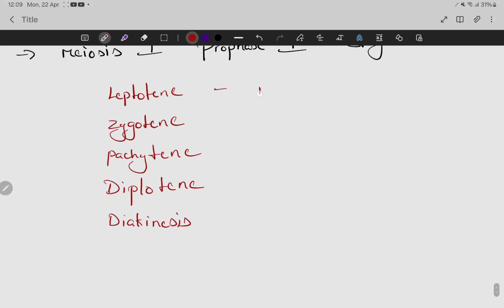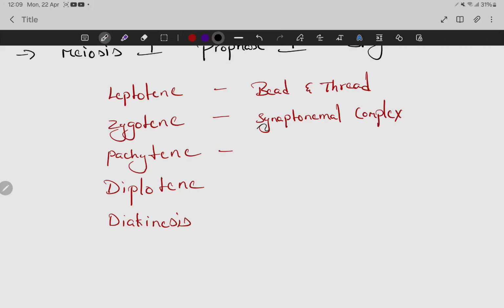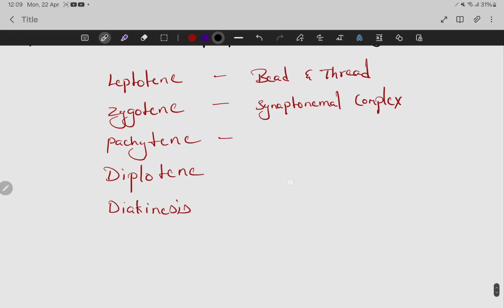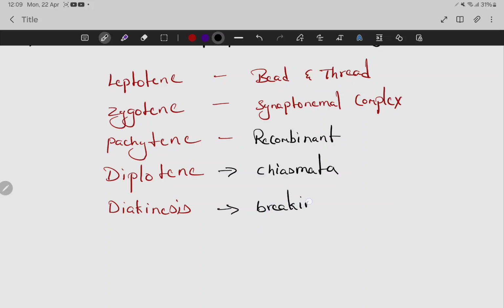Leptotene is bead and thread appearance, condensation. Zygotene, synaptonemal complex. Pachytene, recombination. Diplotene, chiasmata. Diakinesis, breaking of chiasmata.